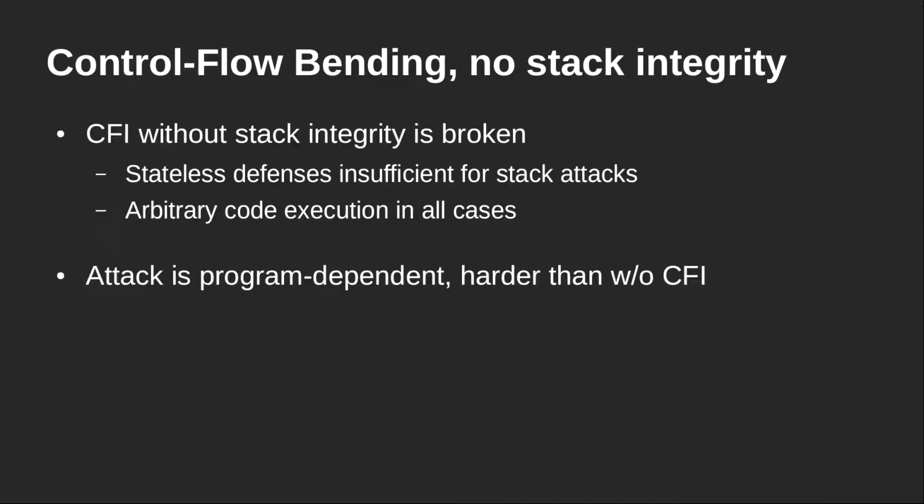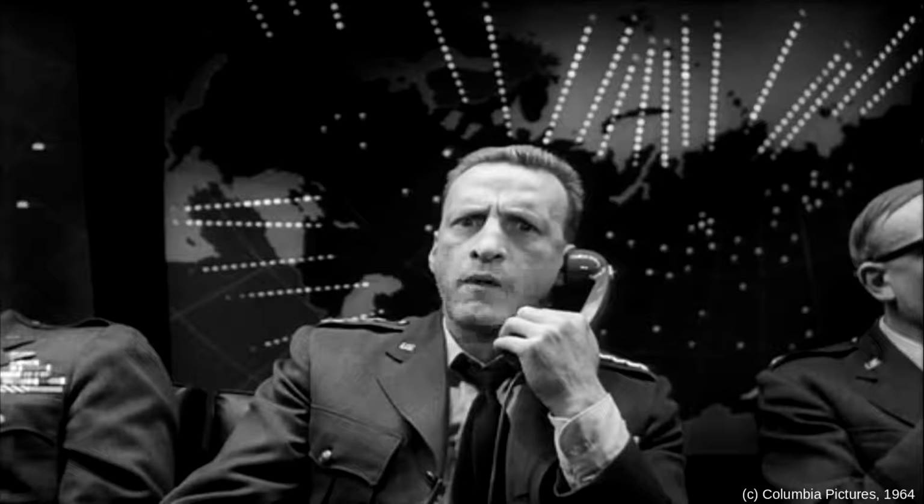So while the defense does not stop the attack, it makes the attack harder. The attacker at least has to find the dispatcher functions and then find the shortcuts through the control flow graph. But the attack is still possible. So it looks like we are in some trouble here, right? But we still make the attack a little bit harder.